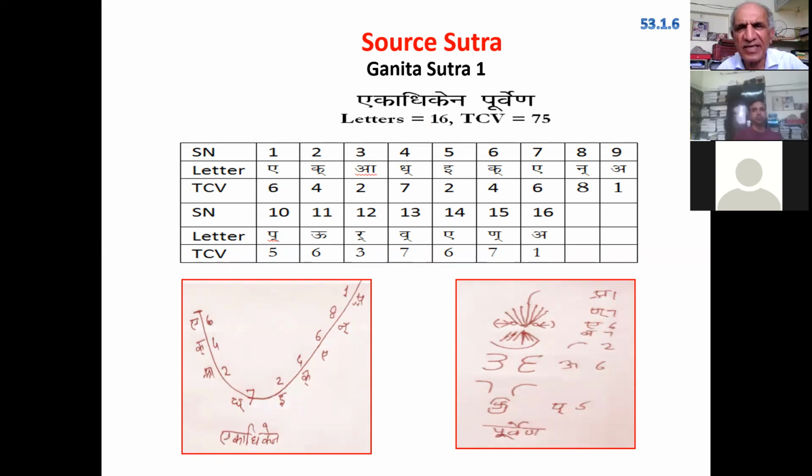Here on the computer screen is tabulated in sequential arrangement from the first letter to the 16th letter of the text of Ganita Sutra 1, along with their respective transcendental code values. These transcendental code values of these letters are in fact the structural keys of Ganita Sutras 1 to 16.